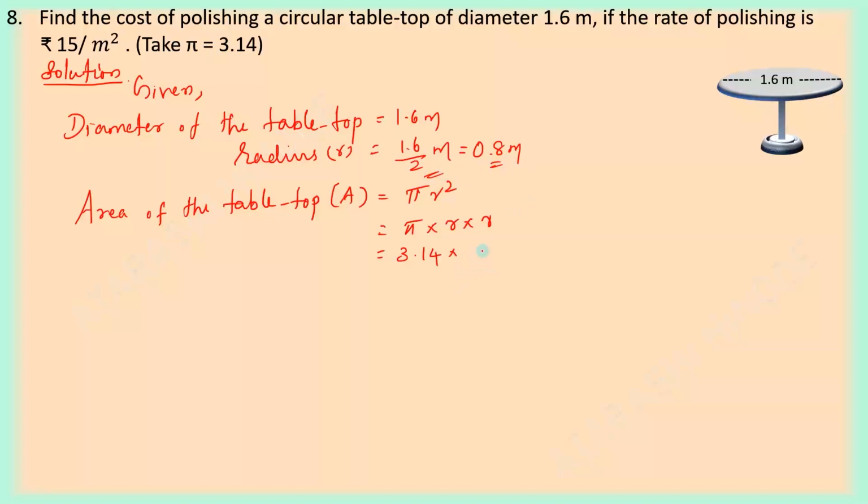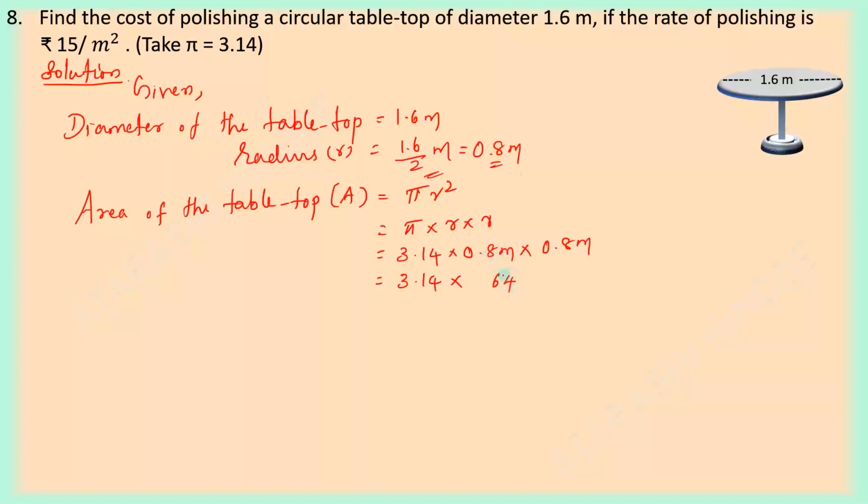Here I am writing 0.8. So 0.8 meter into 0.8 meter. That is equal to 3.14 multiplied by 0.8 meter into 0.8 meter. How much? 8 8s are 64. So we can write 64 here.